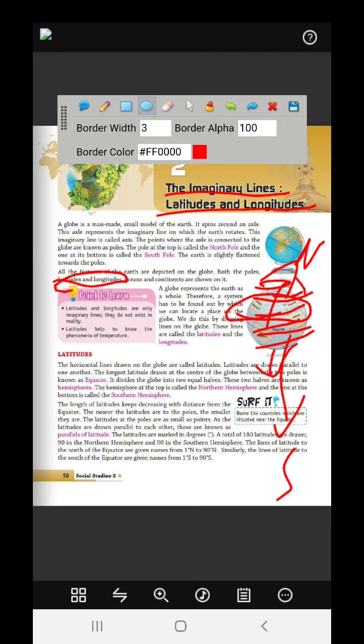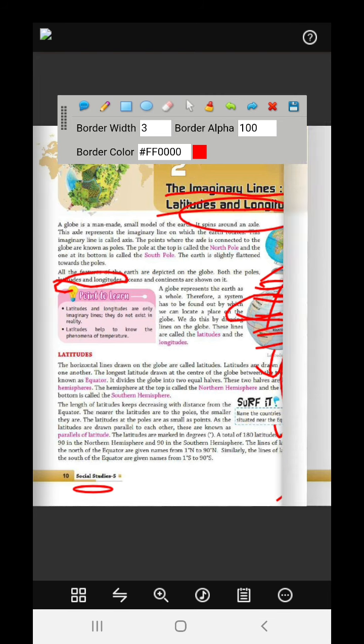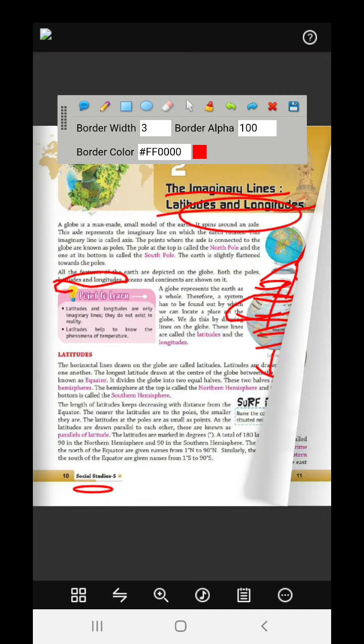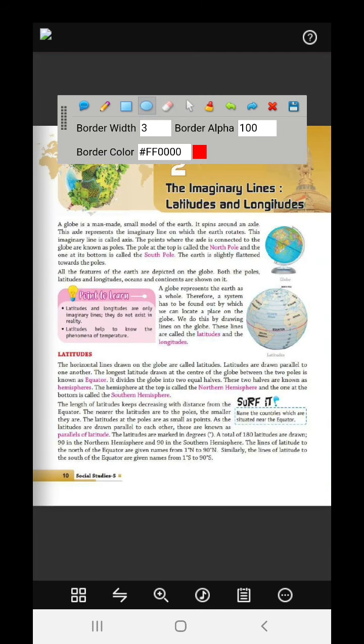Okay, now let me draw a globe over here. Okay, I have drawn a globe over here. Now let me mark some lines over there.